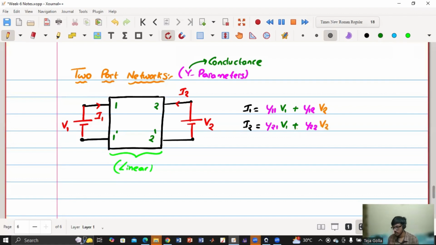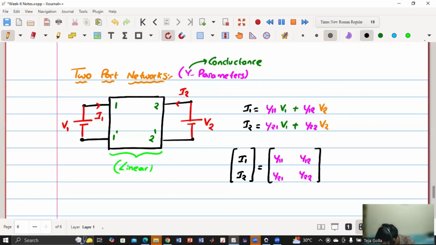So it can also be written in matrix form. We have I1 and I2 is equal to the matrix Y11, Y12, Y21, Y22 times V1 and V2.